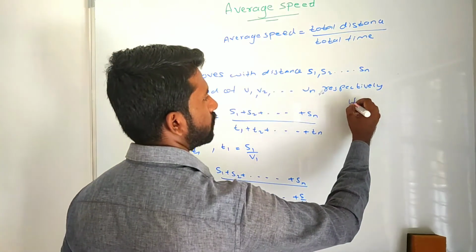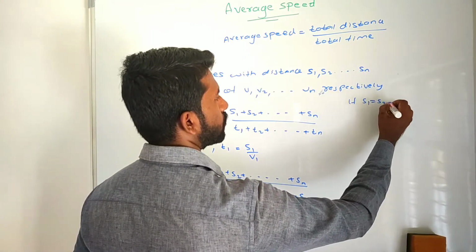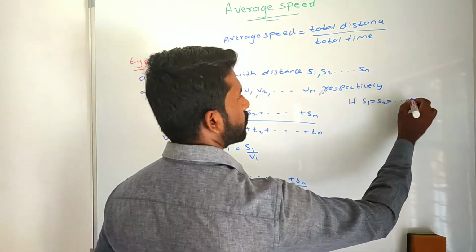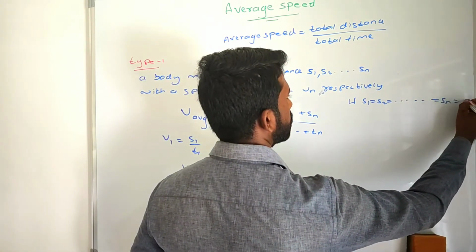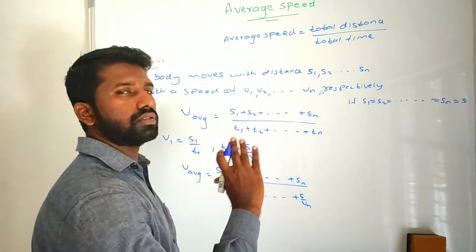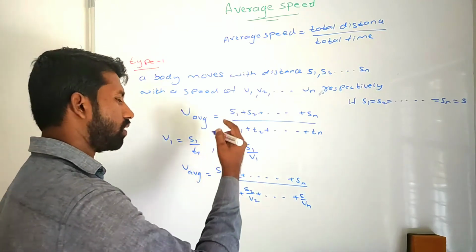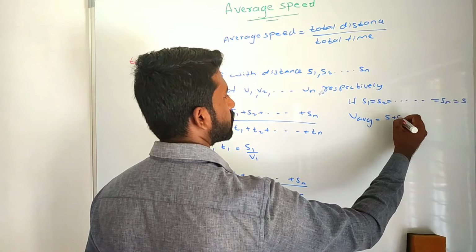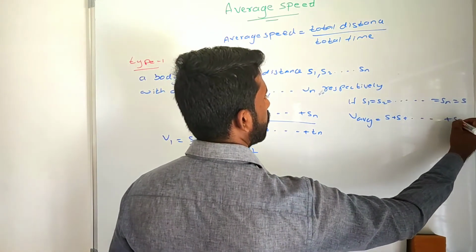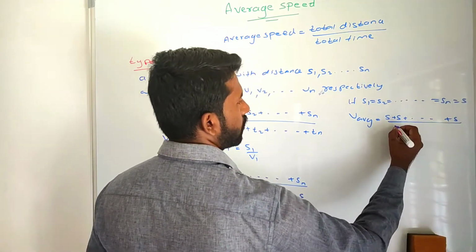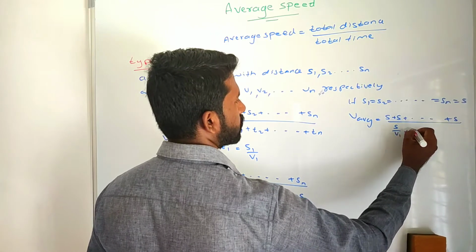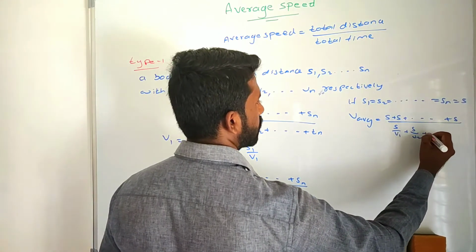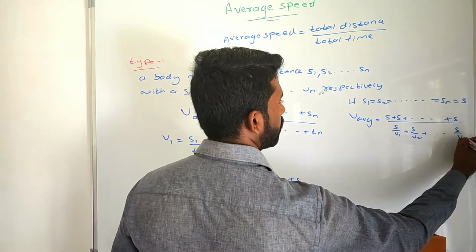I am taking a condition: if S1 is equal to S2 is equal to up to Sn is equal to S, that means the distances are equal. Then V average is equal to S plus up to n times S, divided by S by V1 plus S by V2 plus up to S by Vn.